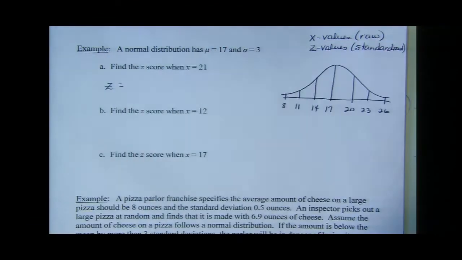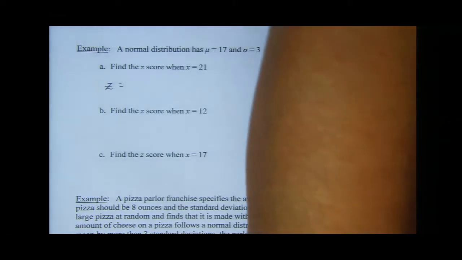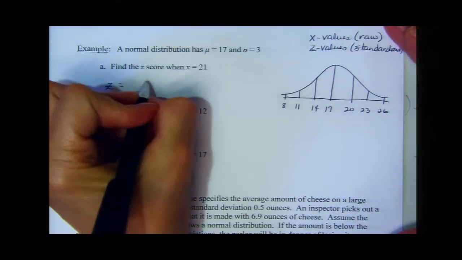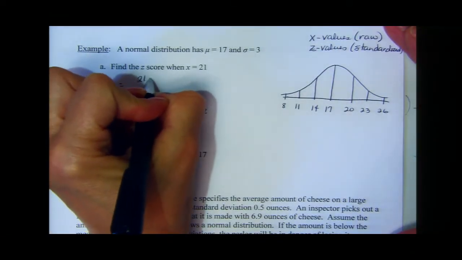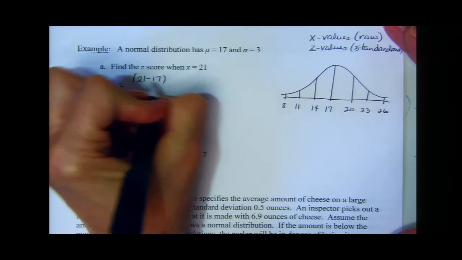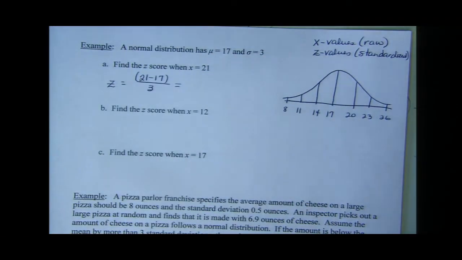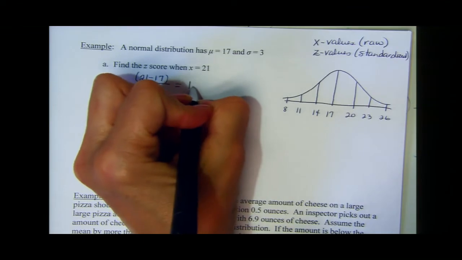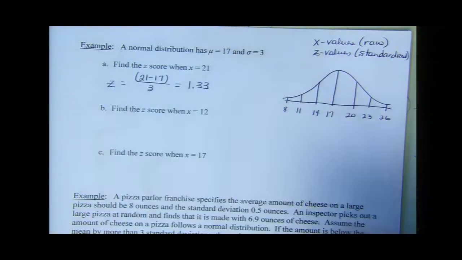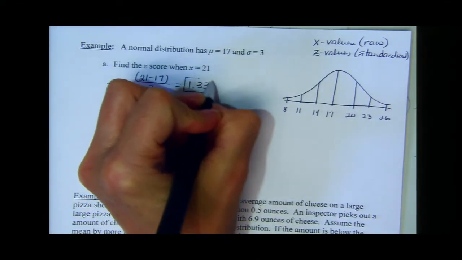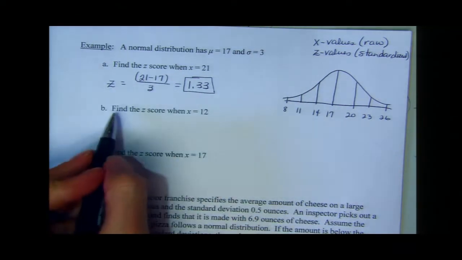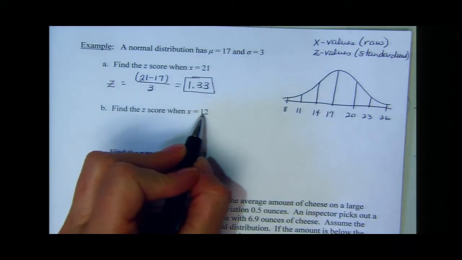So we use our formula: 21 minus 17 divided by 3. I don't have that calculated, so I'm going to do that. And it's 1.33, which makes sense.